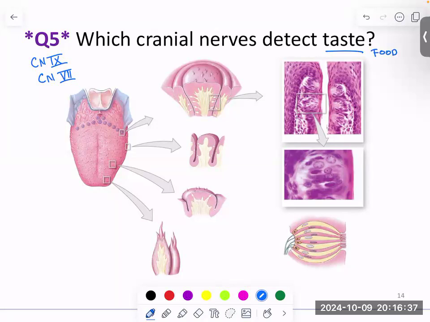Back when I learned this, they said there are 5 tastes. And they used to map them out on the tongue as follows. What are the 5 tastes? Sweet. Sweet used to say it was detected right here.